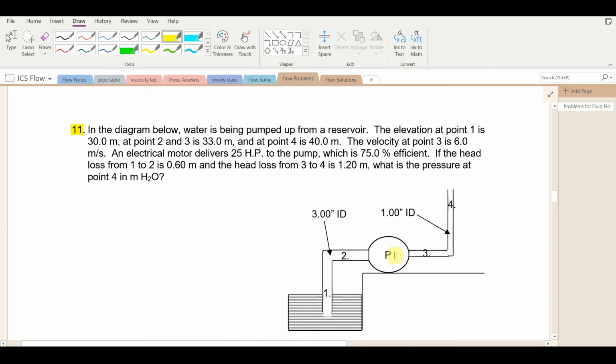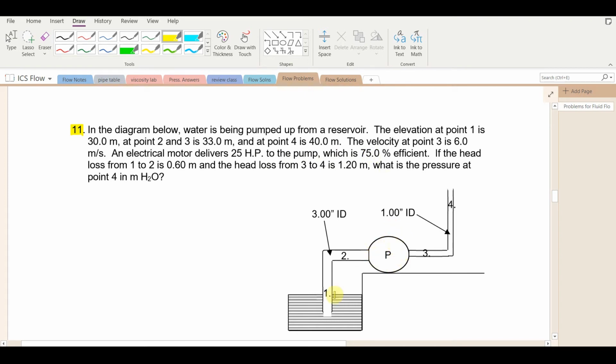An electric motor delivers 25 horsepower to the pump, but the pump is 75% efficient. So 25 horsepower is the amount of the rate at which electricity is being consumed. 75% of that is what will actually be converted to pressure in the system.